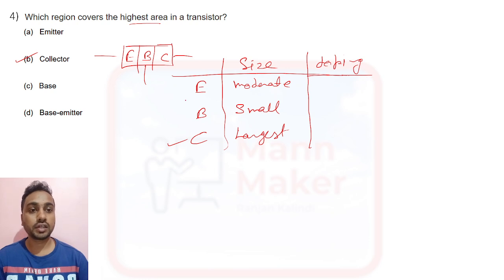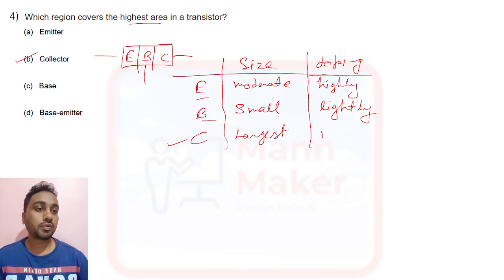The emitter is generally highly doped. The base is lightly doped, and the collector is moderately doped. So you have to remember all these points. Whatever I am explaining in a solution, you have to remember those points, because questions may come from there also.